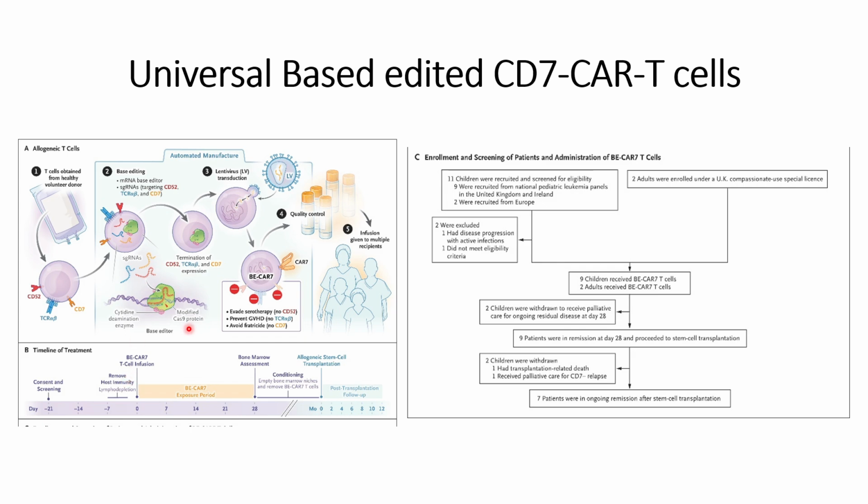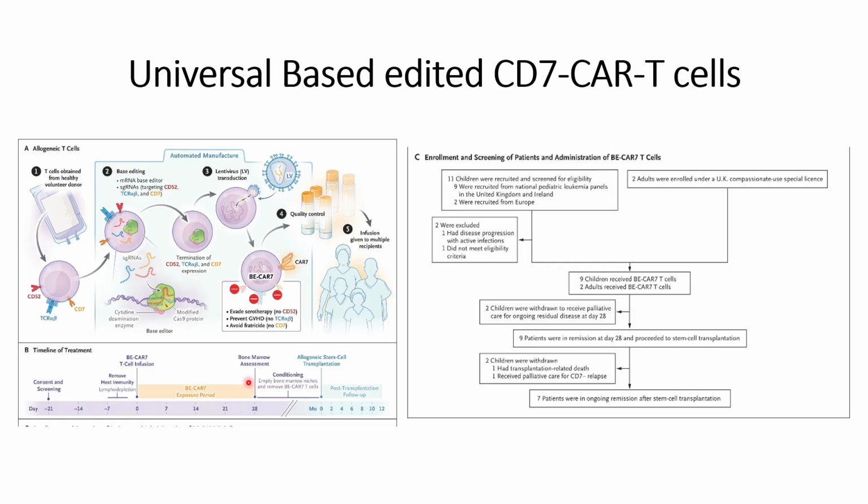Even though these two are removed, there is also a possibility that it will get an immunogenic response from other immune cells. So in order to be sure, they remove the host immunity, and then they introduce this BE-CAR7, and then expose them for 28 days, and thereafter they assess the bone marrow to check whether they will have more tumors or not.